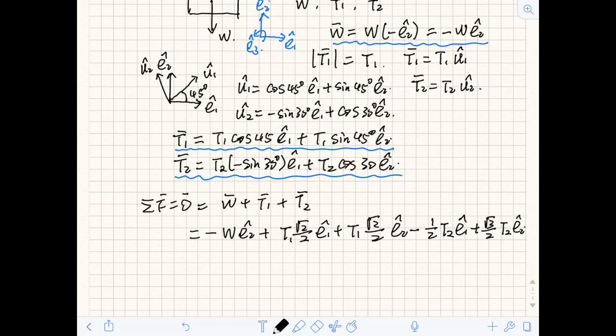So let's recall, when we say a vector is equal to 0, what we're really saying is that this vector has 0 component in the E1 direction, 0 component in the E2 direction, and 0 component in the E3 direction. So let's combine the terms with the same direction.